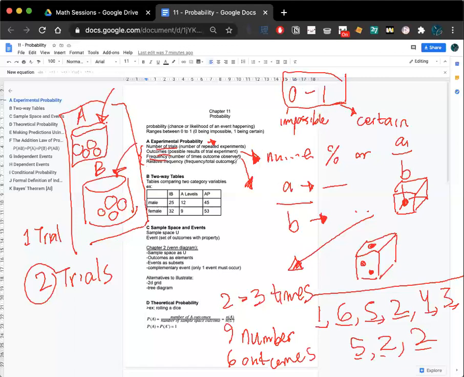And if you want to find the relative frequency of rolling a die, let's just say we want to find the relative frequency of rolling number 1.